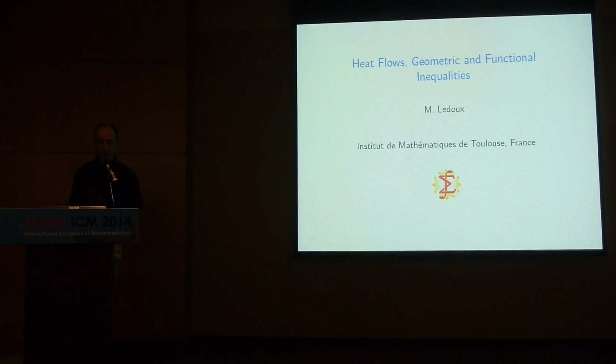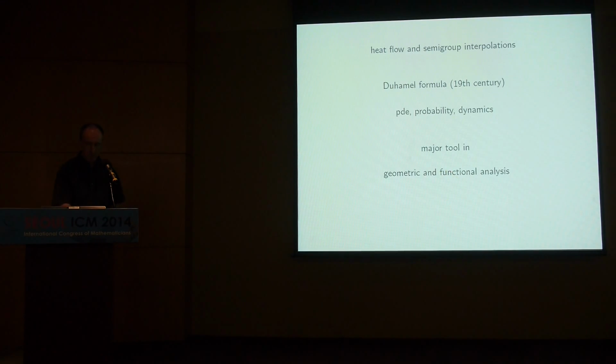So the purpose of this talk is to present some illustrations of heat flow methods to geometric and functional inequalities. Of course, heat flow and semigroup interpolation are very classical tools in mathematics, going back to the so-called Duhamel formula from the 19th century and maybe before, and then has been used a lot in PDE, probability theory, dynamics, and so on.